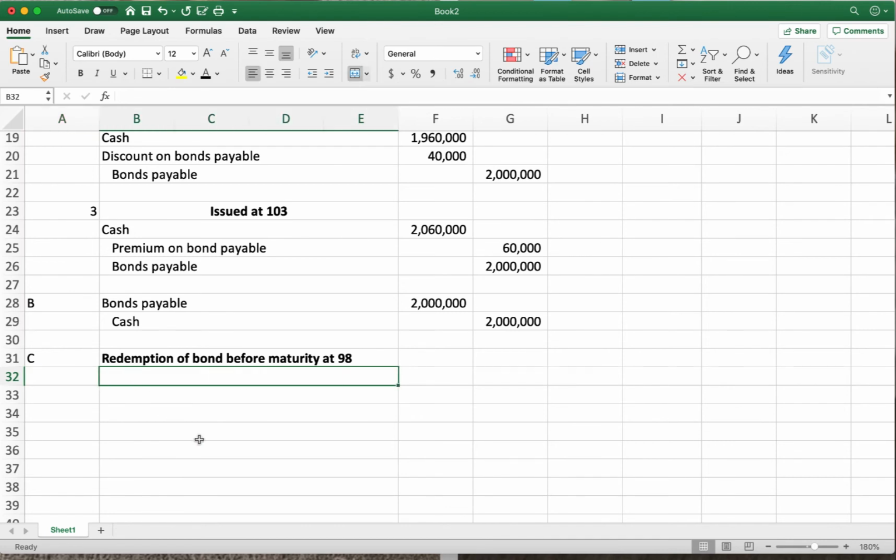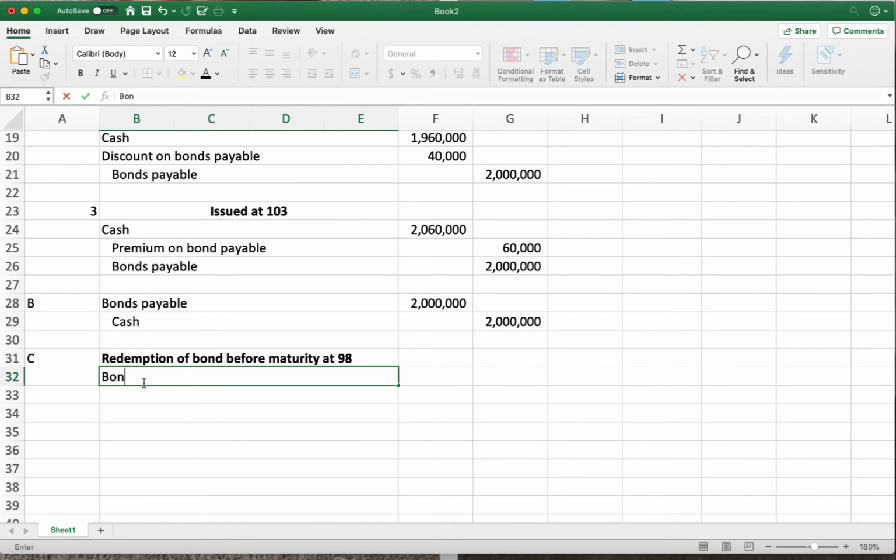So, in order to do this, we need to ask ourselves, what are the values in the accounts? I've got to get rid of them. So the first thing we need to do is eliminate the carrying value, right? That's easy for us to do. We know that the bonds have a face value of $2 million.